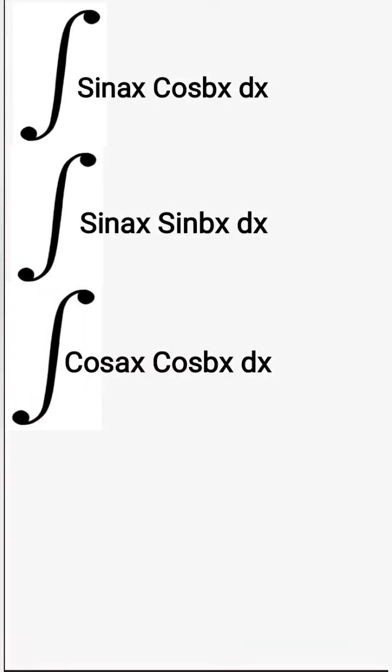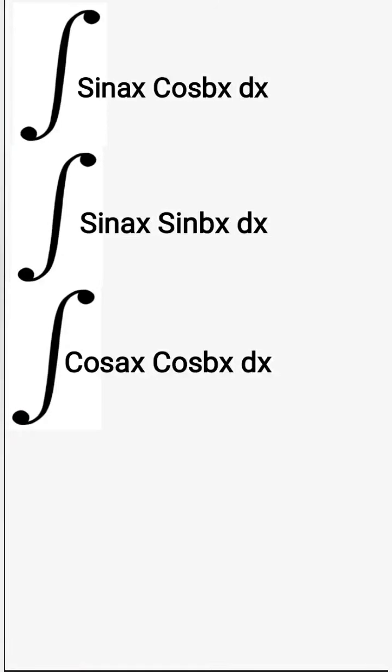Now if integrand is product of sine and cosine functions such that sine and cosine functions have different angles, as in these three cases. In case first we have sine ax cos bx, in case second we have sine ax sine bx, in case third we have cos ax cos bx.